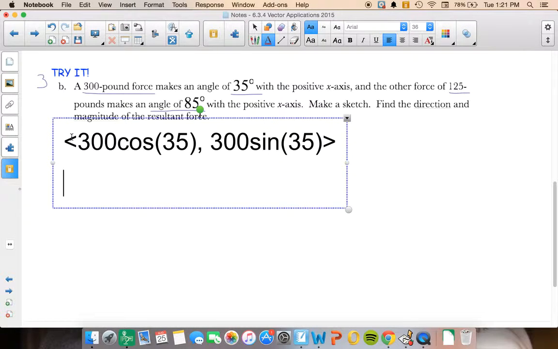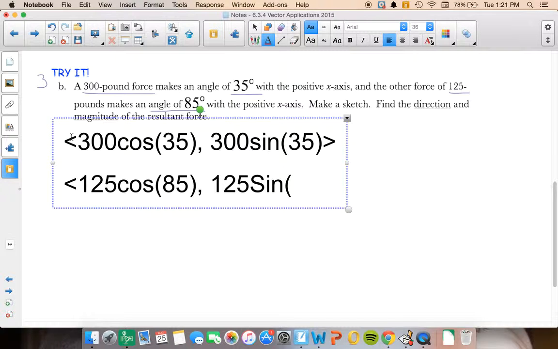Then our second vector that we're adding to this one is 125 times cosine of 85, comma, 125 times sine of 85.